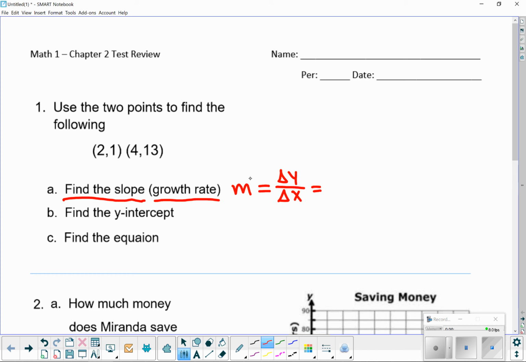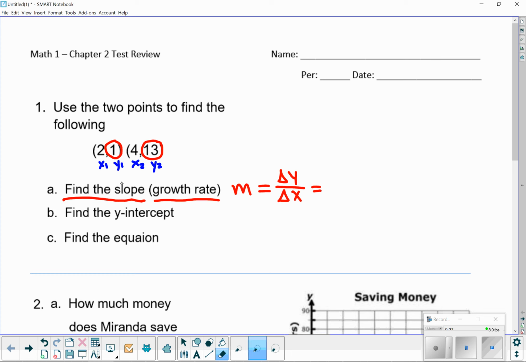The change in y occurs with the subtraction of the y's, because the x's are the first number, that's your first x, and that's your second x. Some people call it x1 and x2, and this is your first y, and that's your second y, some people call it y1 and y2.